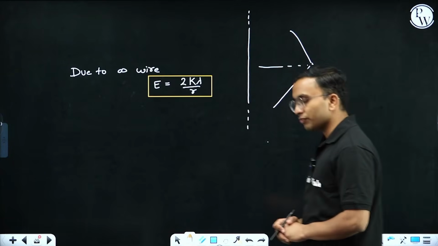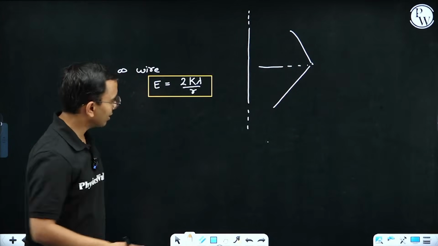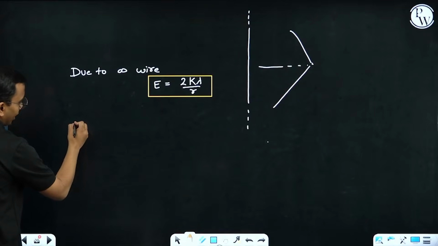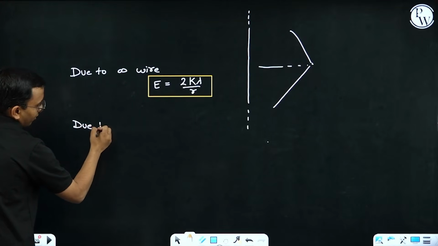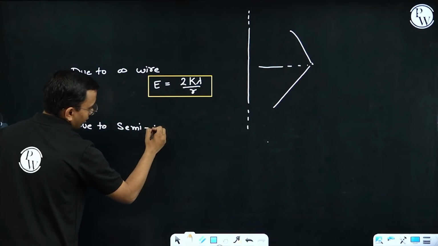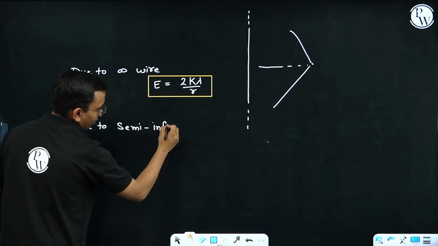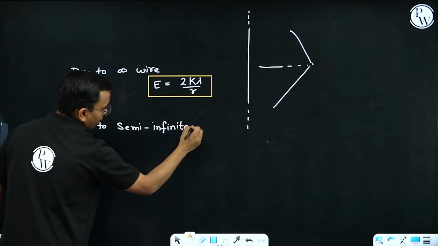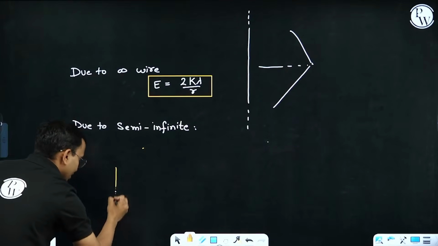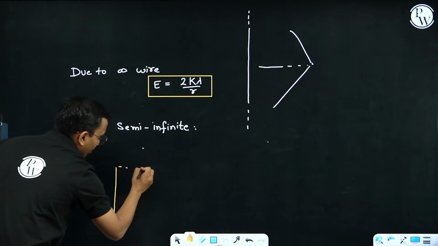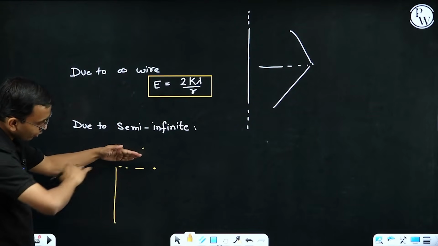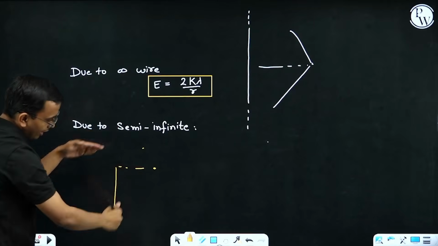If the wire is semi-infinite, this was for infinite, now due to a semi-infinite wire, let us take the wire like this. Here you have to write the electric field. When you write the horizontal, one angle is 0, another angle is 90 degrees.